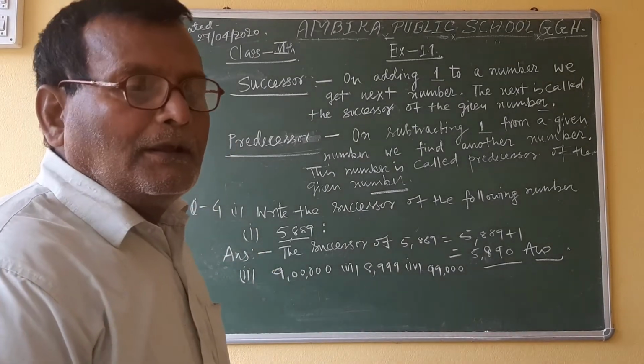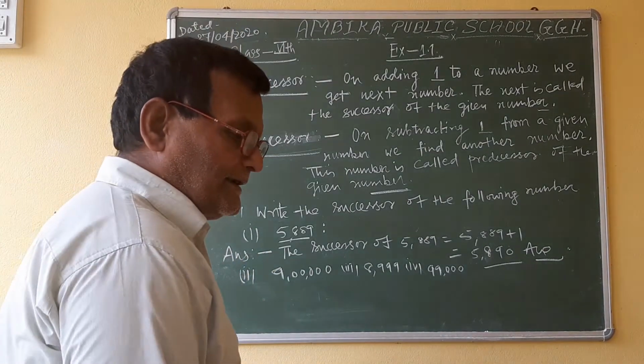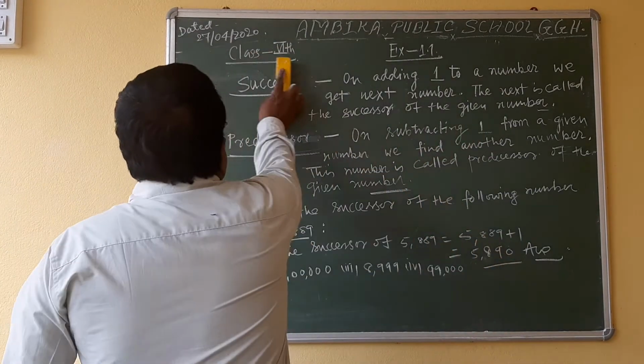Question number 5 is: write the predecessor of the following numbers.